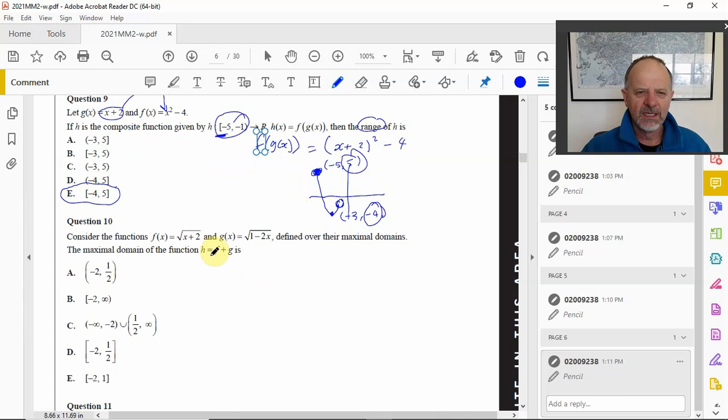All right, question 10. Consider these two functions. Find, over their maximal domains, the maximal domain of h, which is this time f plus g.